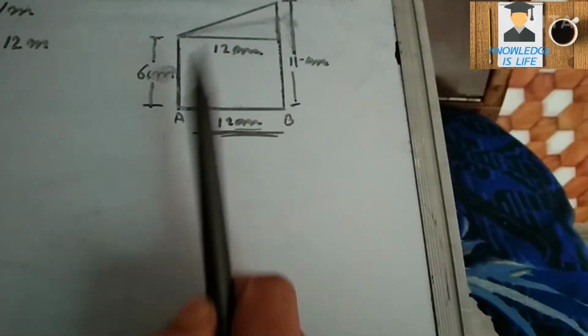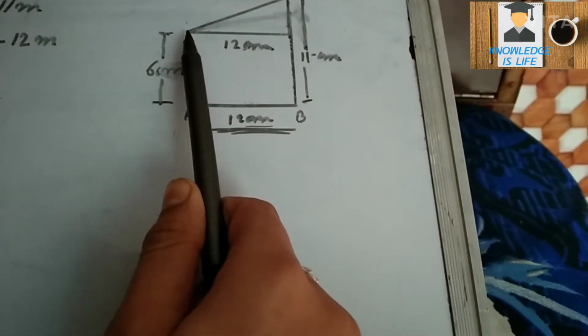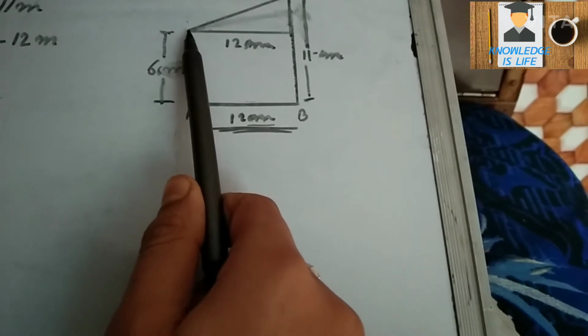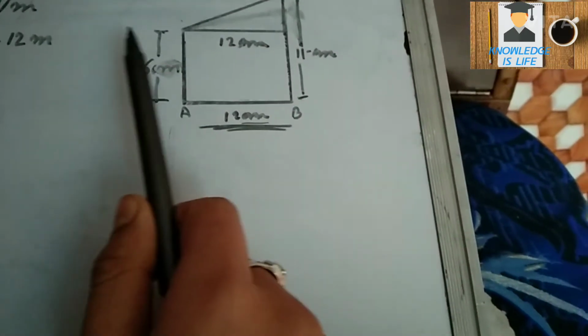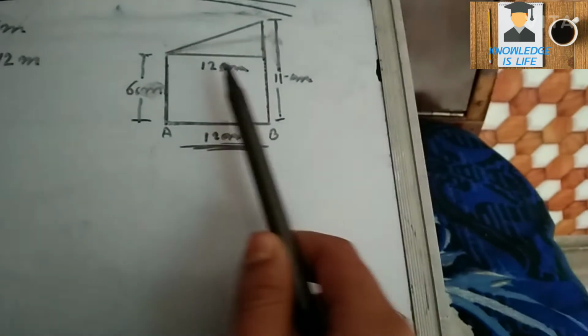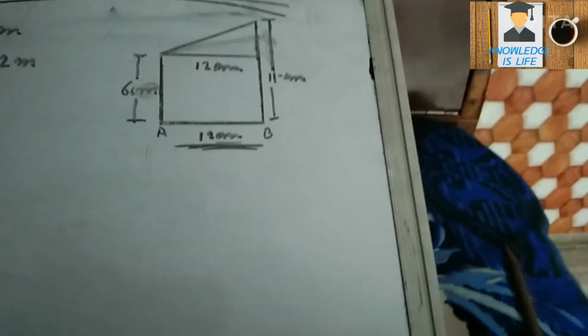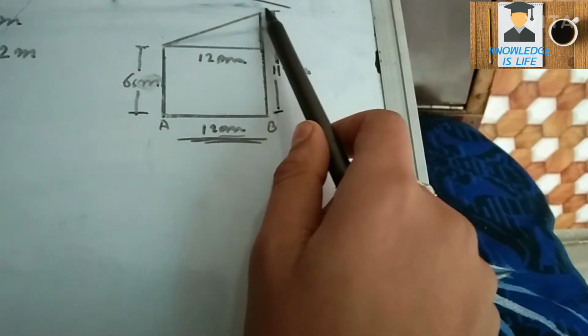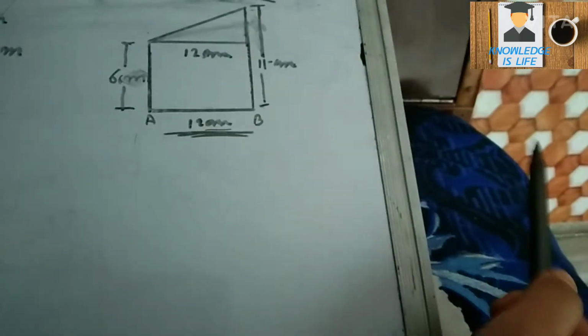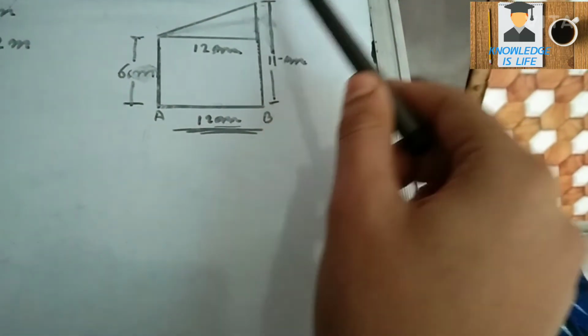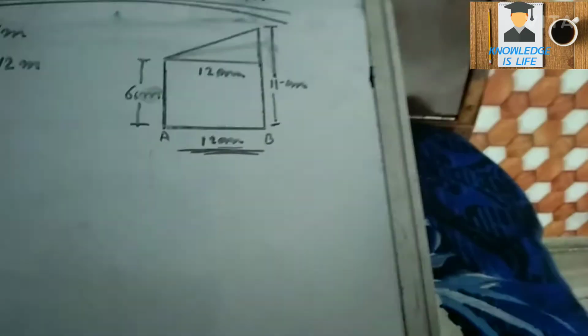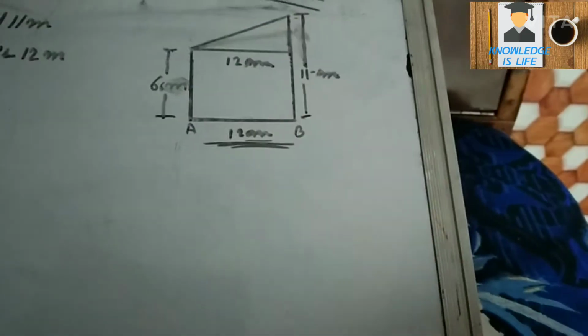If we draw a line from the tip of the 6 meter pole perpendicular to the 11 meter pole, this will also be 12. And from the tip of the 11 meter pole we draw a slanting line to the tip of the 6 meter pole, and we get a triangle.